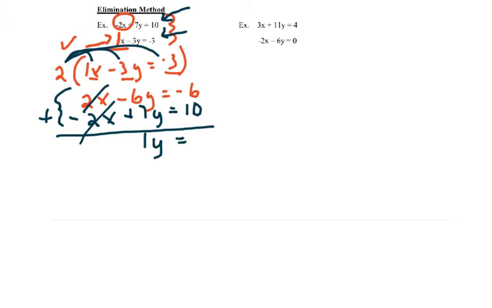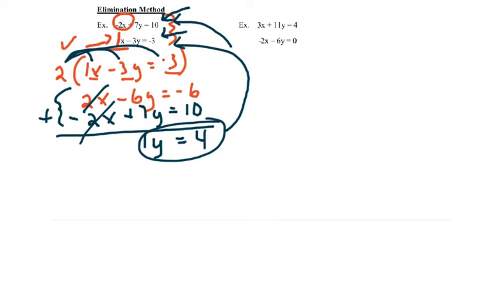And negative 6 plus 10 leaves you 4. And notice we just found out what y equals already by a process we call elimination. Once I know what y equals, keep in mind, we can take that y value and plug it into the first equation or the second equation, your choice.